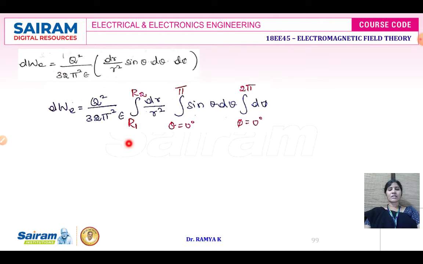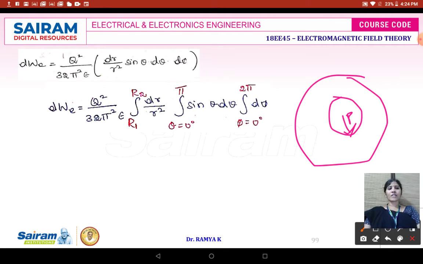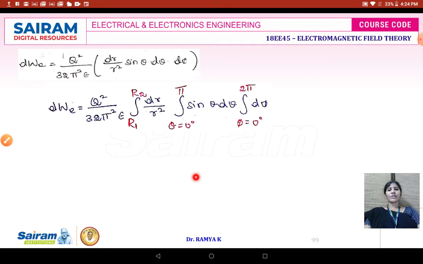R is integrated between the limits R1 to R2, because there are two concentric spherical shells, where the inner shell is of radius R1 and the outer shell is R2. Therefore, in between these the limits stand. The value of theta always ranges from 0 to pi. Why?